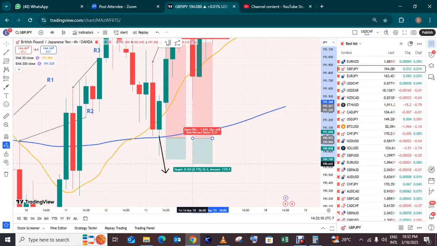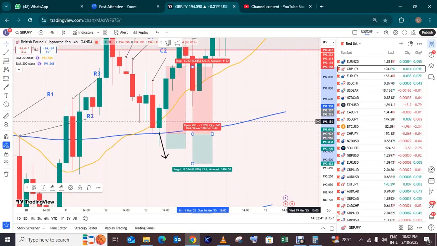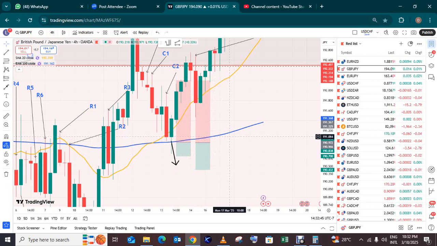So I'm moving it down to 28, which is almost 50 pips. Now you can see the TP1 was 27 pips, while TP2 was 53 pips. If you look closely, you can see the market didn't go there. We're going to come to that in a moment.